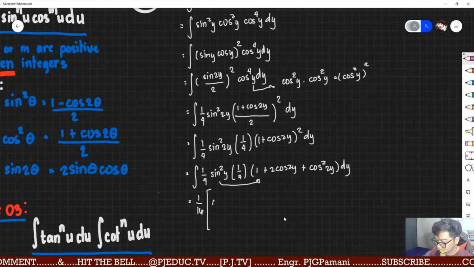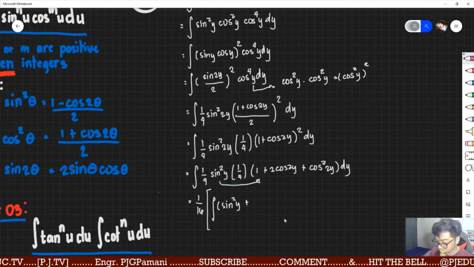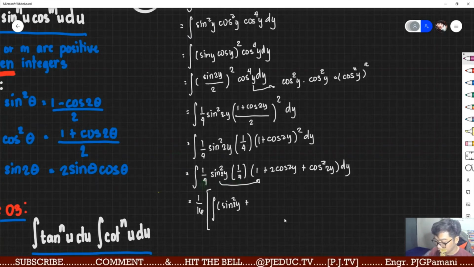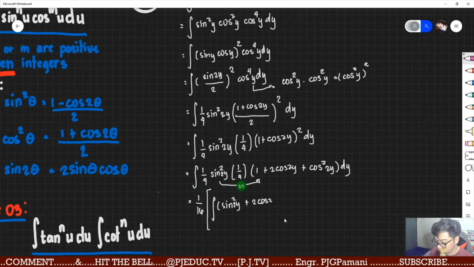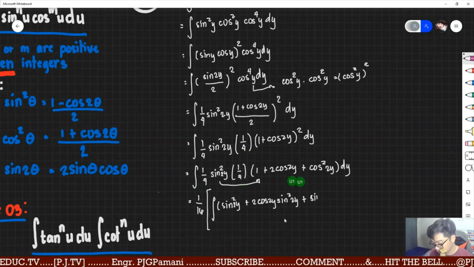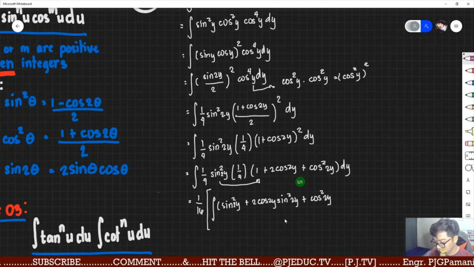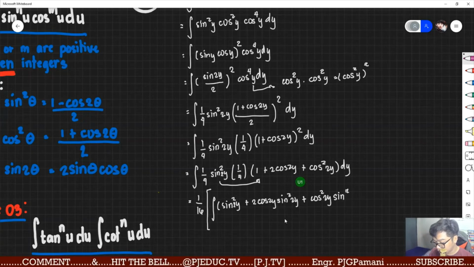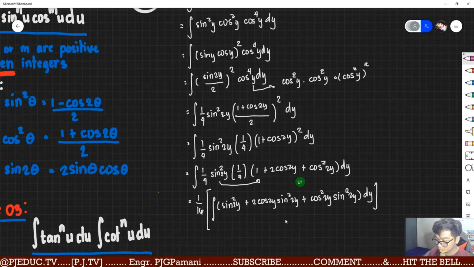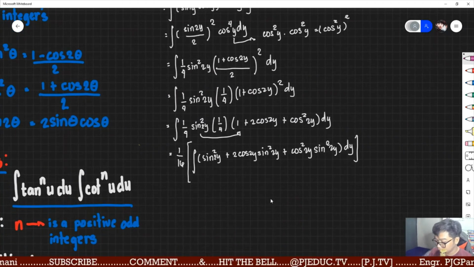So that is now integral of sine squared 2y plus 2 cosine 2y sine squared 2y plus cosine squared 2y times sine squared 2y dy. Okay? Isa-isahin natin.